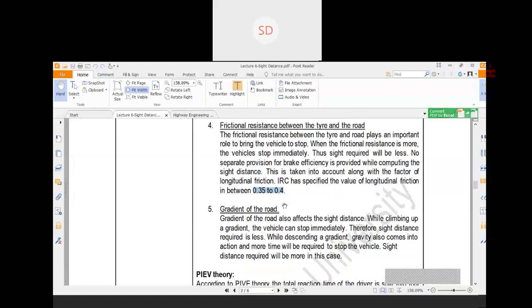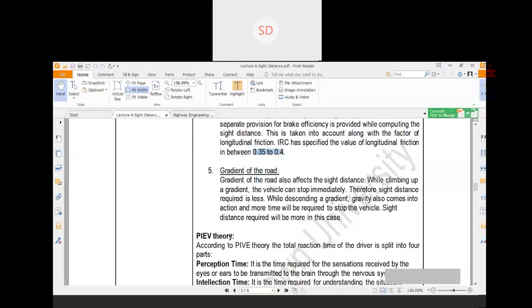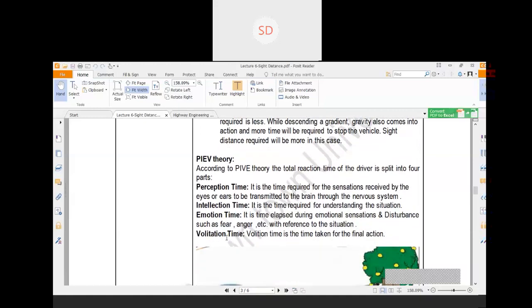Basically the reaction time depends on the driver's behavior, but among them, the most important theory is the PIEV theory, where P stands for perception time, I for intellection time, E for emotion time, and V for volition time. Now, what are these? Okay, let us discuss this.